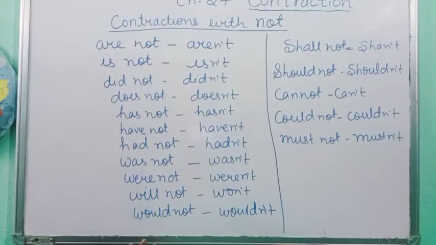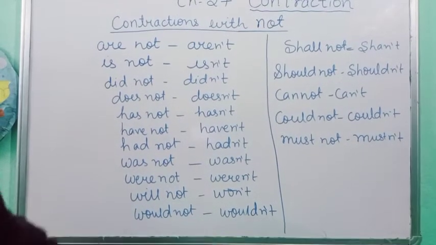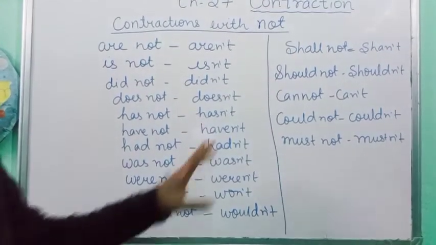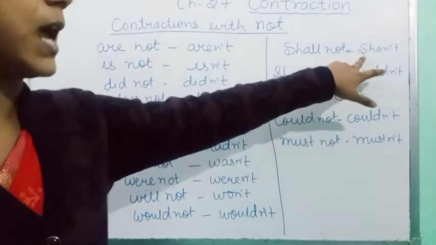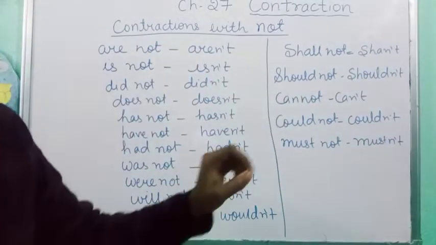Would not, wouldn't. Next is shall not. In will not and shall not, something is totally changed. We don't use shall here, we use shan't, S-H-A-N apostrophe T.